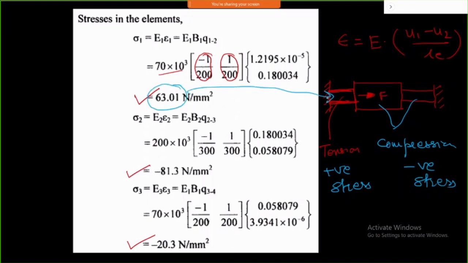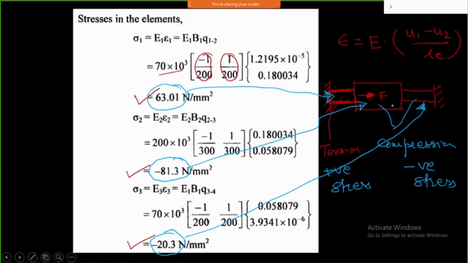Here it is 81.3, a negative value, for element number 2, and here it is minus 20, again a compression value. So from a practical point of view, your model and your answer are perfect enough.